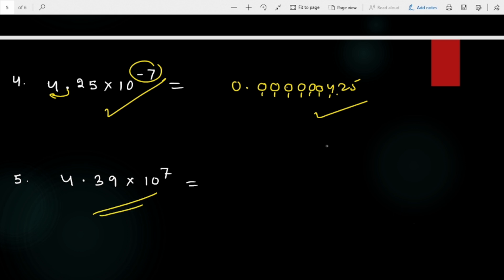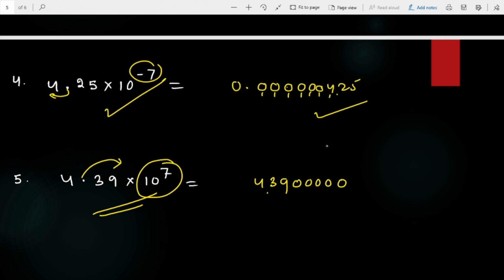Then solve this. How to solve? Now plus means the decimal position will go to the right. Okay, so how? Now 4 3 9, how many zeros? Now already 2 numbers are gone, then 5 zeros. Now 1 2 3 4 5, check the decimal after 4.